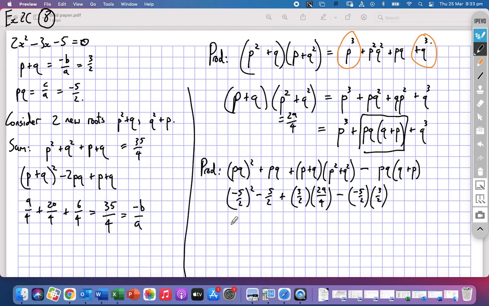We'll have 25 on 4, that's 50 on 8, minus, to get that onto an 8 after times by 4, so it's minus 20 on 8, right, plus 3 29s, that's, what's that, 117. No, it's nowhere near that.